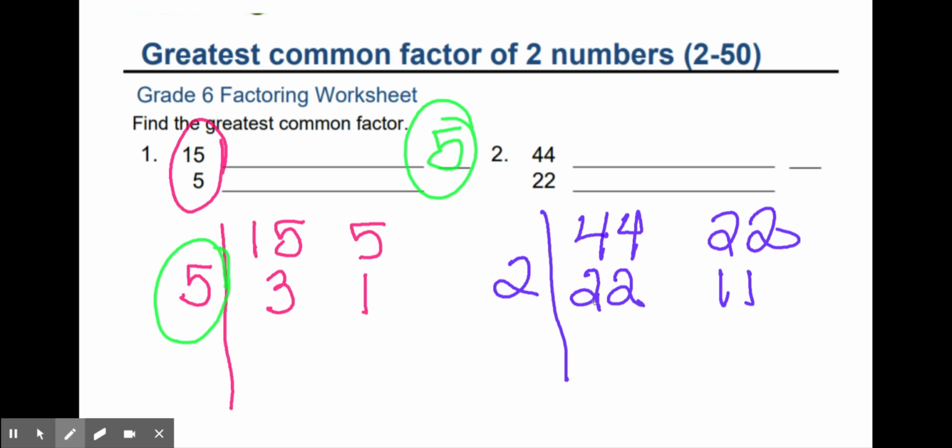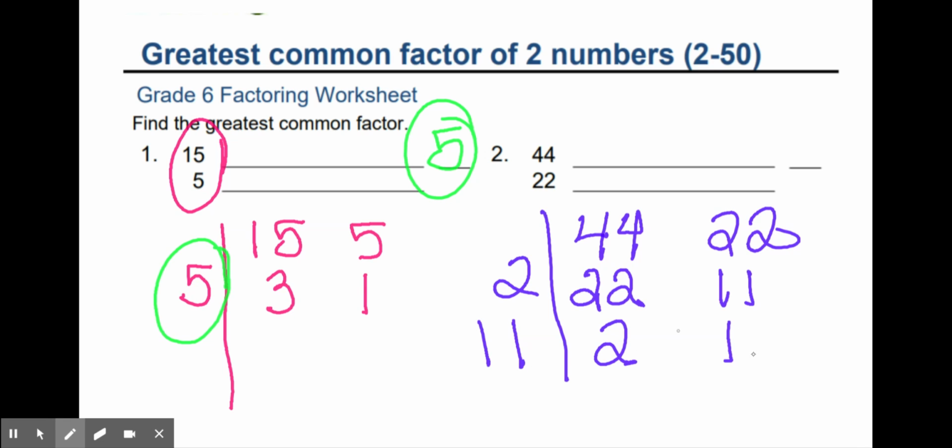You divide something by 2, you divide it in half. And then now I look at 22 and 11. When you have double digits like this, you should know that, hey, that is divisible by 11. So 22 divided by 11 is 2, and 11 divided by 11 is 1. So 2 went in, so I put it out here on the left side. 11 went in, I put it out here on the left side.